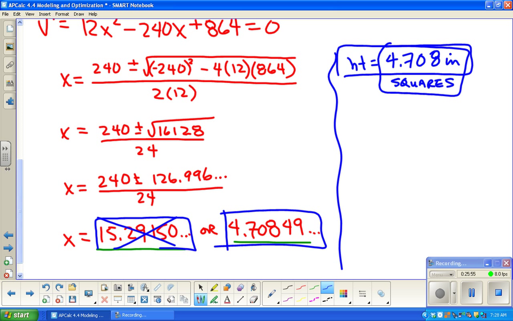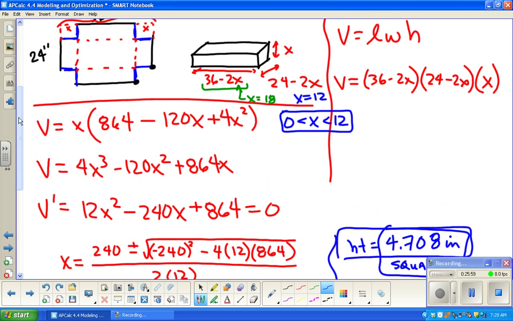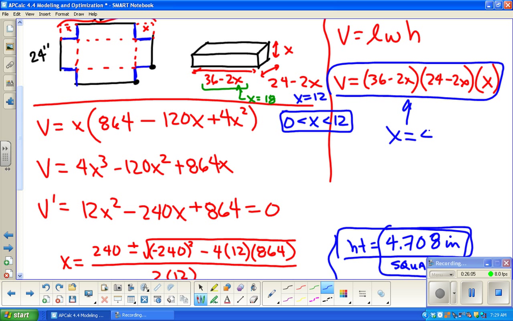Then the other part of this is to find the actual volume. Well, volume comes from this equation. So if I put in x equals 4.708, now you know me, I'm actually not going to put this rounded version in. I'm going to substitute in the value that's actually in my calculator.